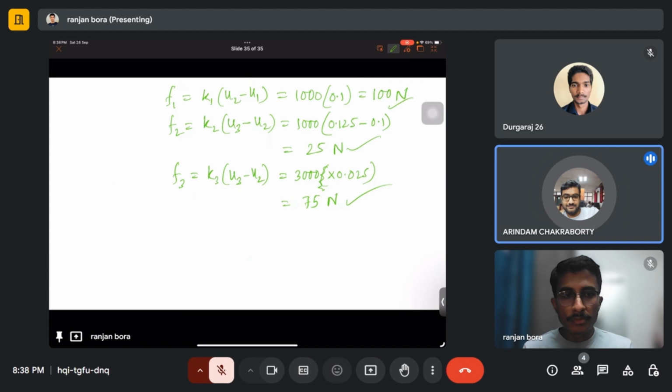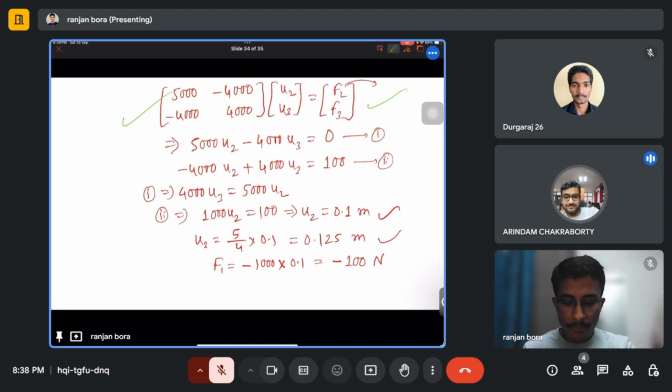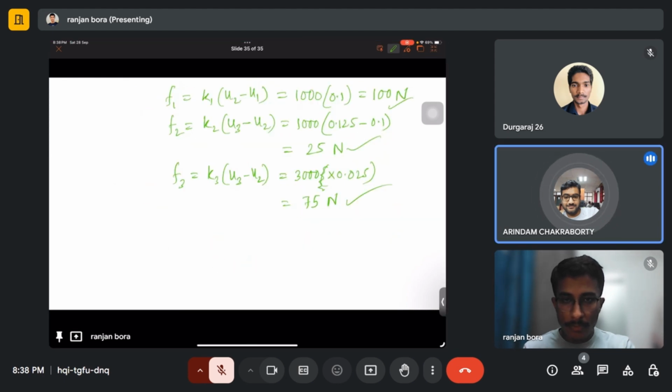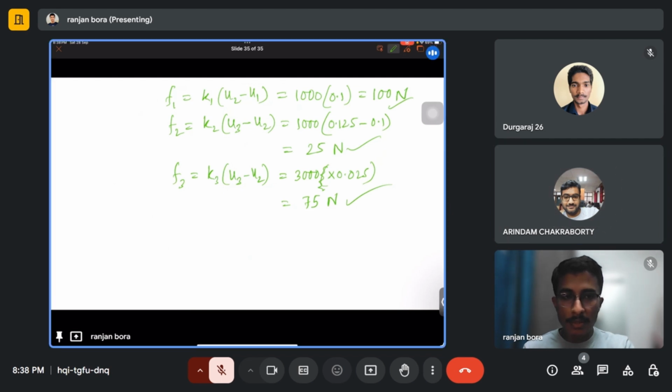So that capital F3 is the nodal force, that 100 Newton, that is applied at the third node. And these small f's are the forces applied on the spring.